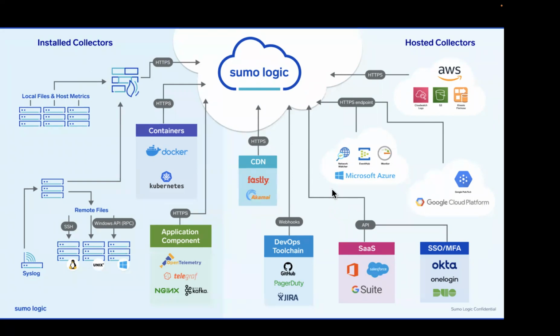So again, the big takeaway: there are two vehicles to get your logs and metrics into our environment, the hosted and the installed. Depending on where your logs and metrics are, if they're on-prem, you're going to use an install, and hosted if they're already in the cloud.